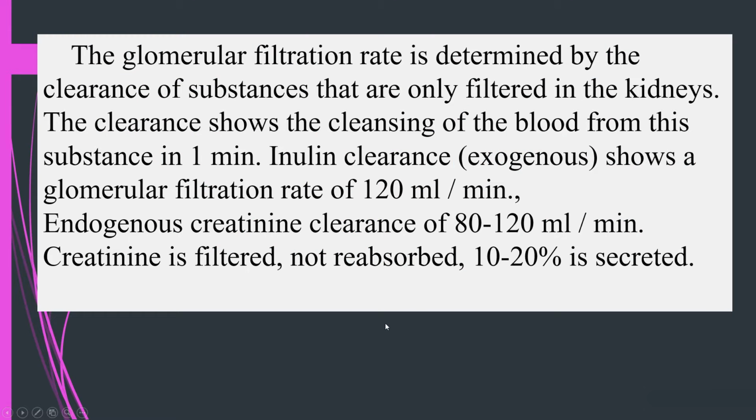The glomerular filtration rate is determined by the clearance of substances that are only filtered in the kidneys. The clearance shows the cleansing of the blood from these substances per minute. Inulin is an external substance. Inulin clearance shows a glomerular filtration rate of 120 milliliters per minute.